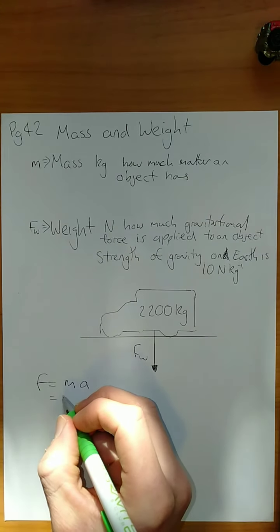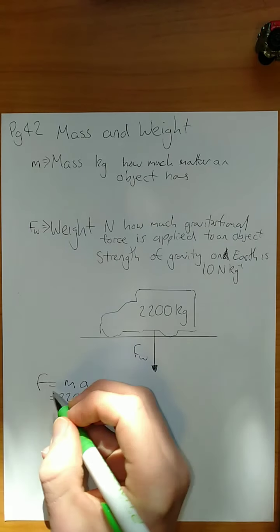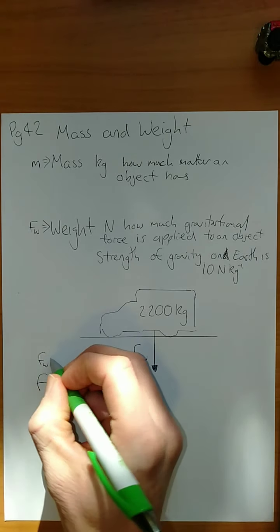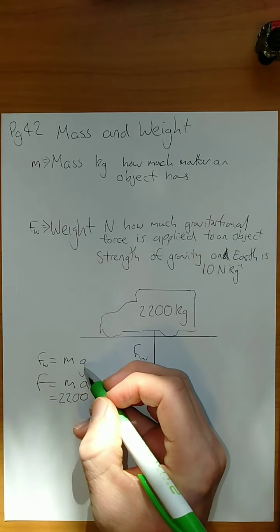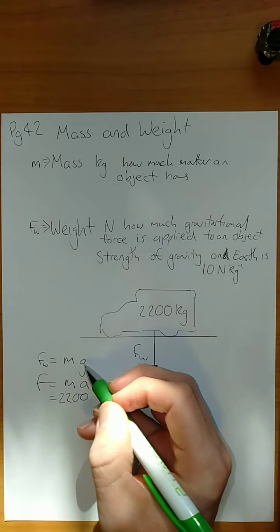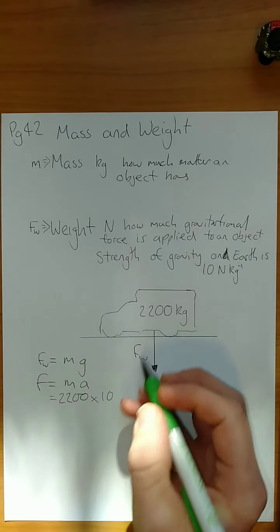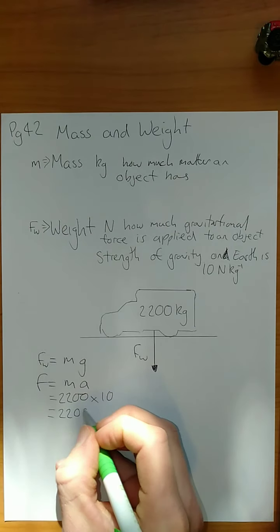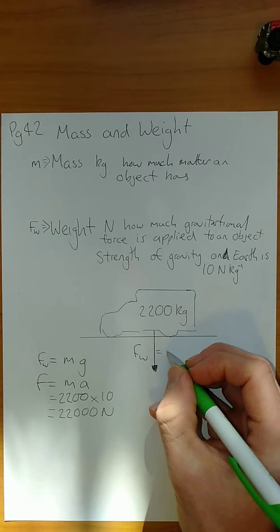So we put in our value of 2200, and instead of a, this formula can be modified to be force weight is equal to mass times g, which is the specific strength of gravity value. So we're going to put a 10 in there. Because this ambulance is on Earth, it just becomes 2200, and we add one more 0, and that there is what the force weight is equal to.